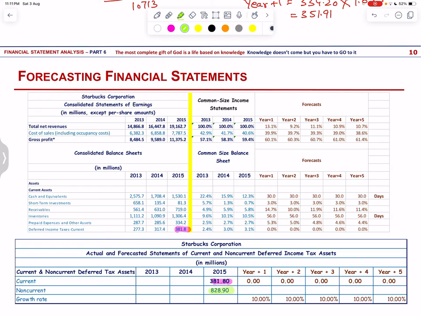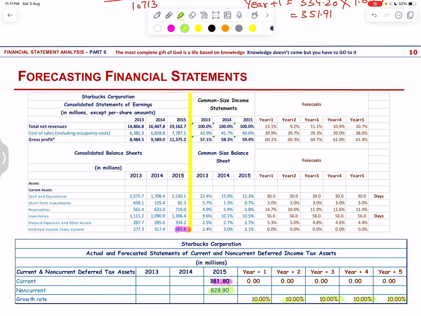For simplicity, it is assumed that the current deferred tax assets will be fully realized in year number 1 and that the non-current deferred tax assets will decline by 10% each year.